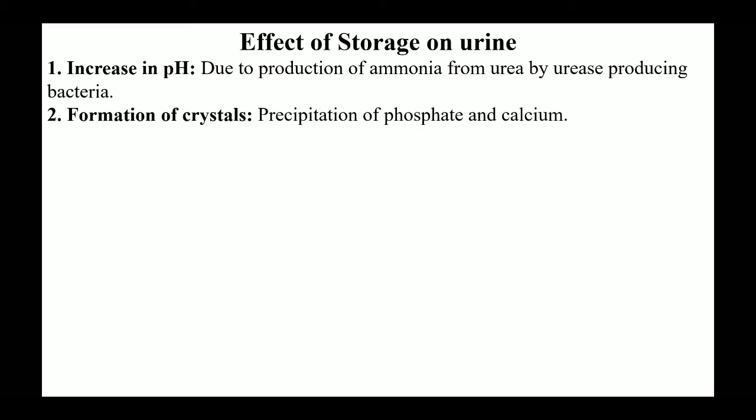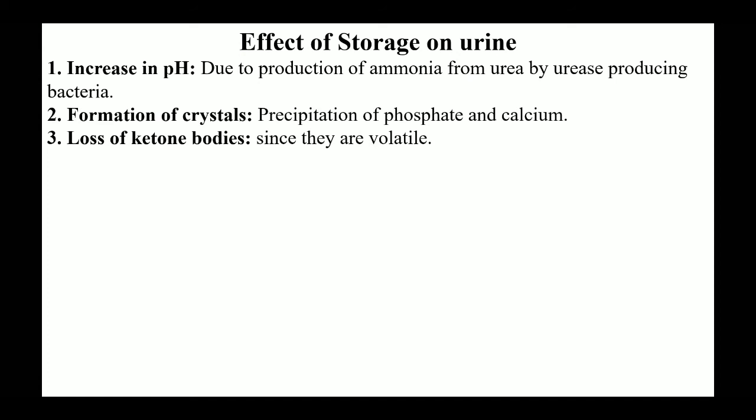If we hold the urine sample for a longer period, then this calcium and phosphate can get precipitated, and can form crystals on the wall of the container and also at the bottom of the container. So suppose we have to test one urine sample for this parameter, calcium and phosphate get reduced, so we will get a false low value. So this is the second effect.